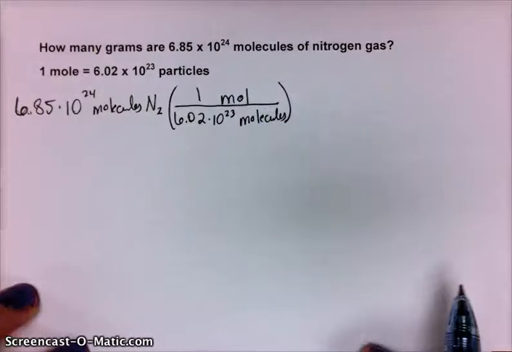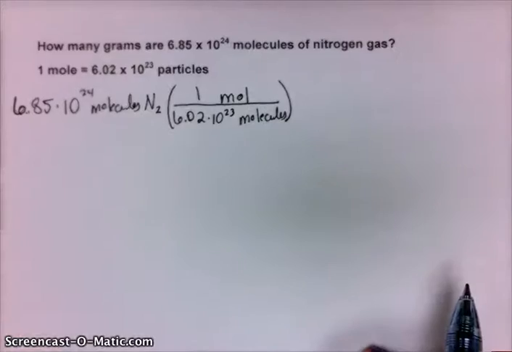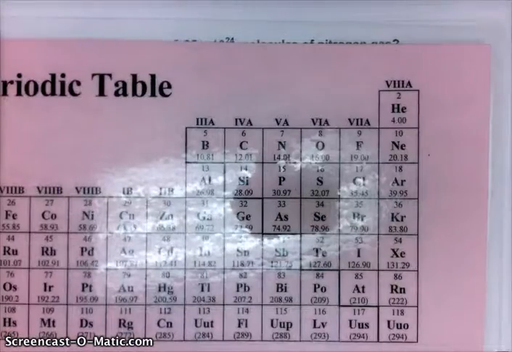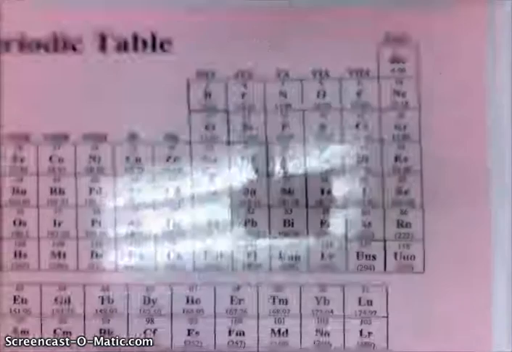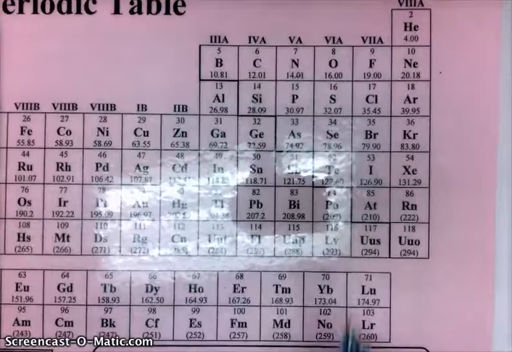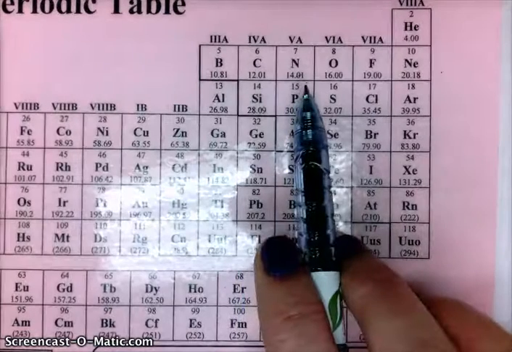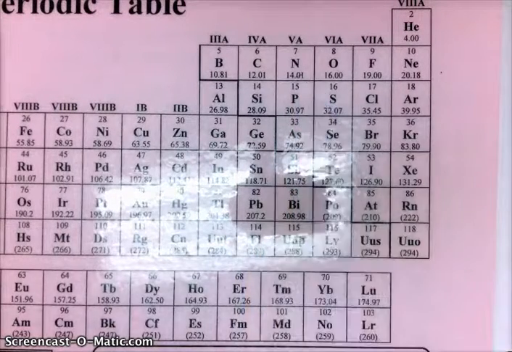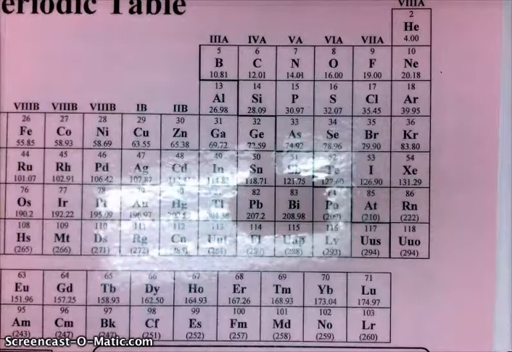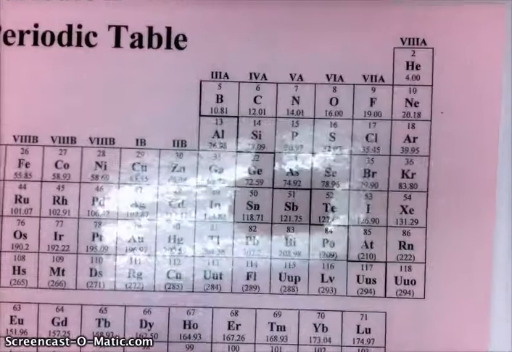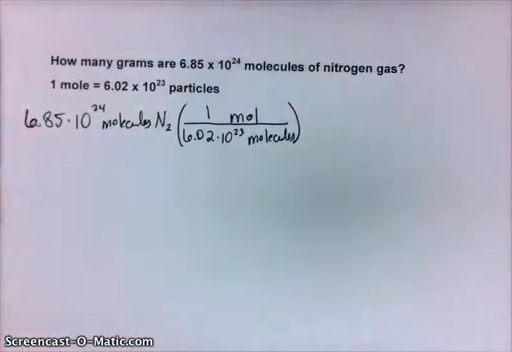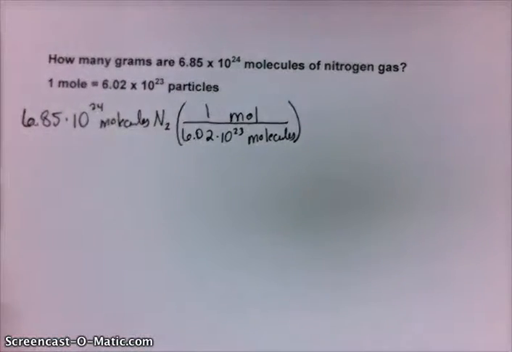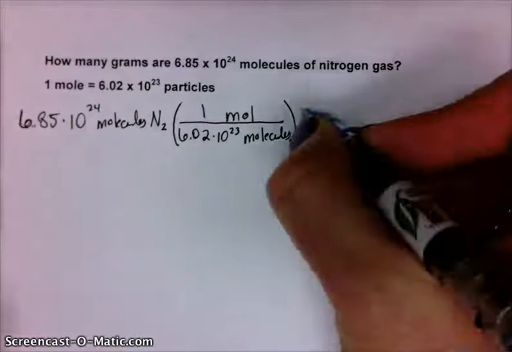So we're going to grams, which requires a molar mass. For a molar mass, we need our periodic table. We can see on the table that 1 nitrogen is 14.01 grams in 1 mole. But nitrogen again is diatomic, so it's going to be 14.01 times 2, or 28.02 grams in 1 mole for the diatomic nitrogen molecule.